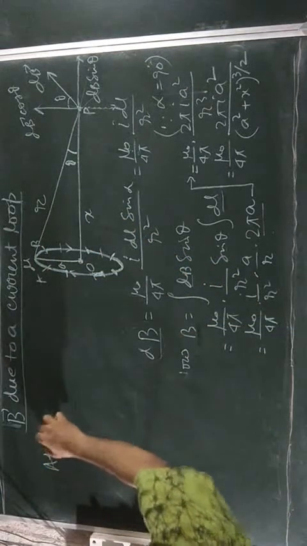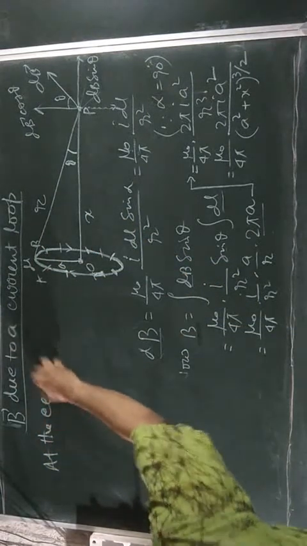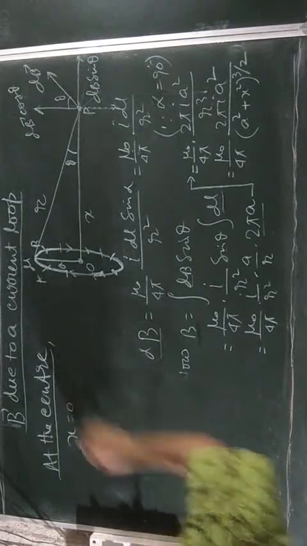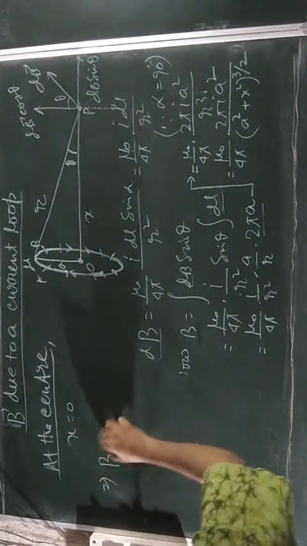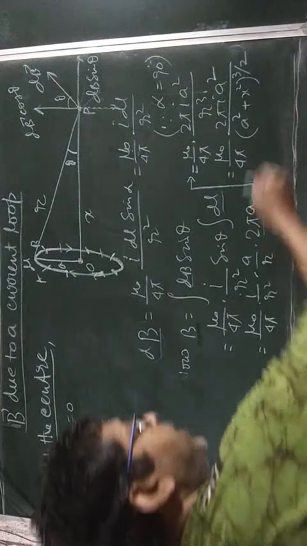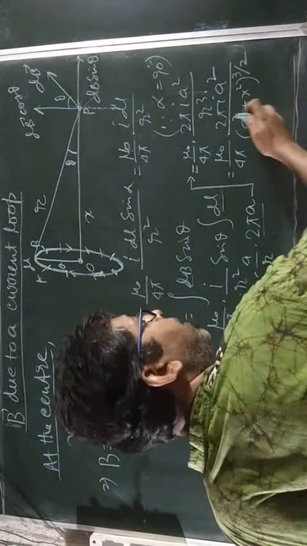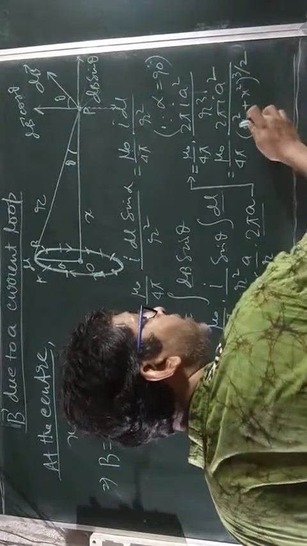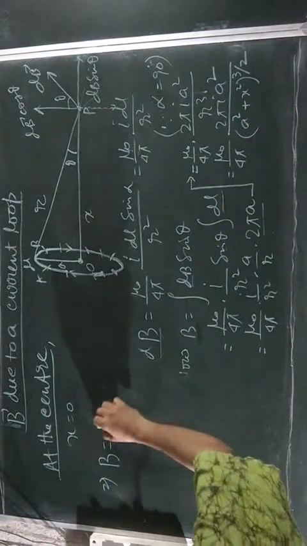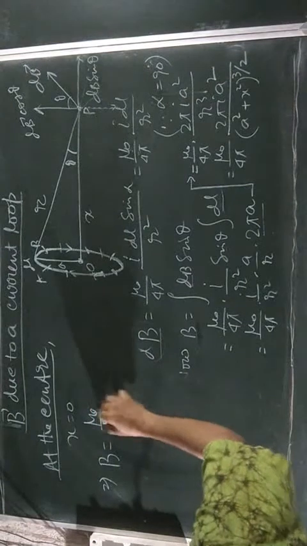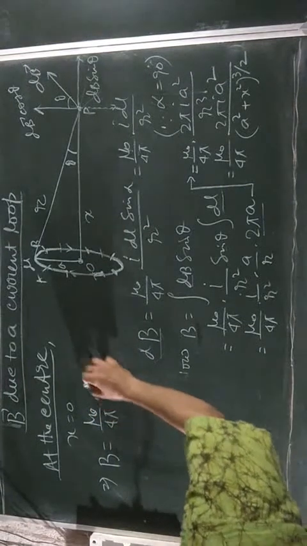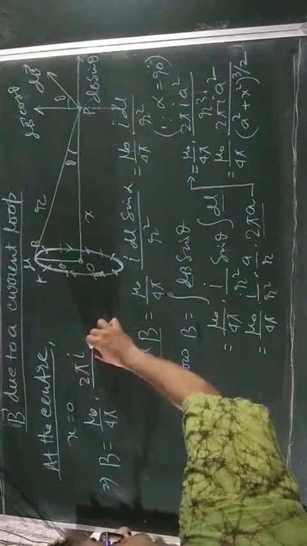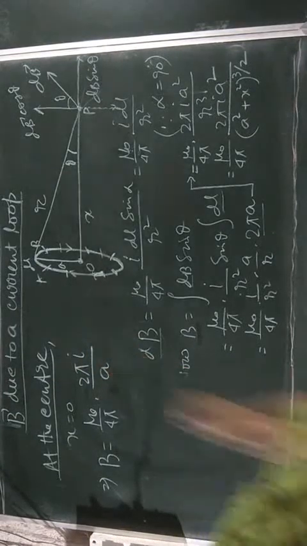So at the center x is equal to 0, then these two will cancel out, a cube with a square, so the final result is mu naught upon 4 pi, 2 pi I by a.